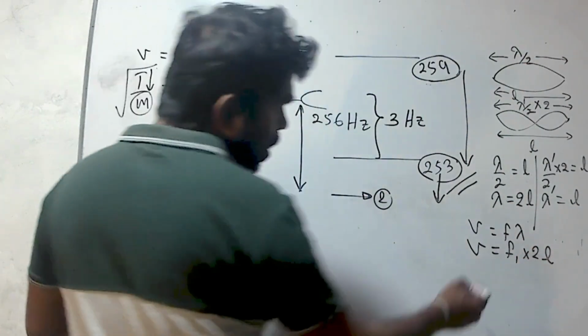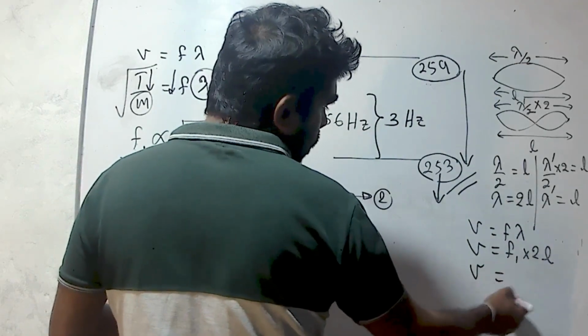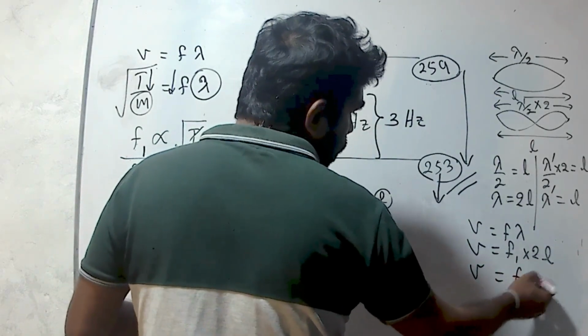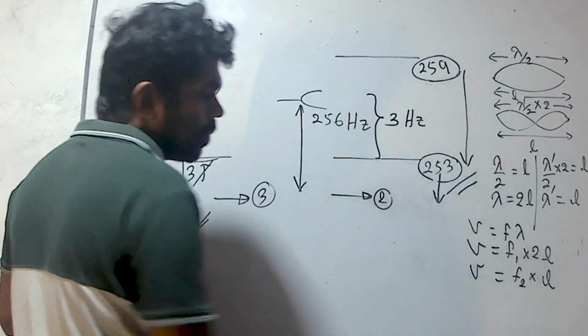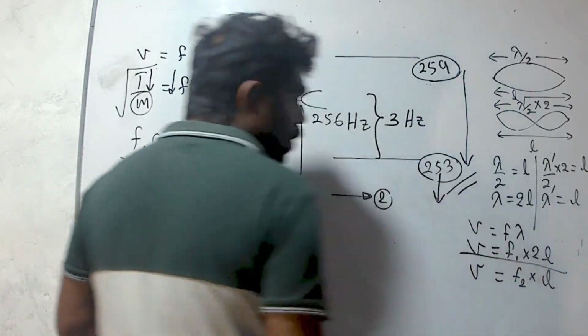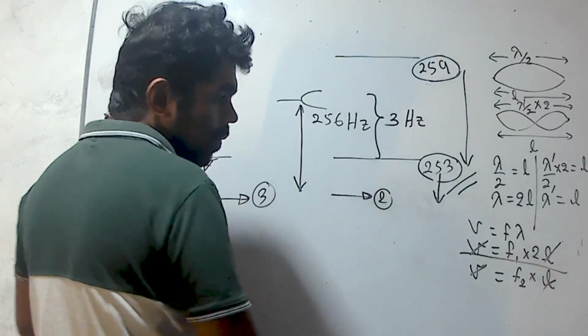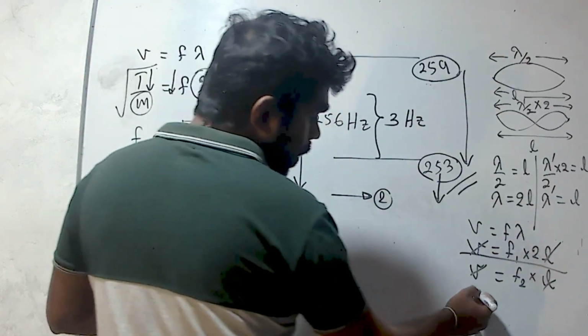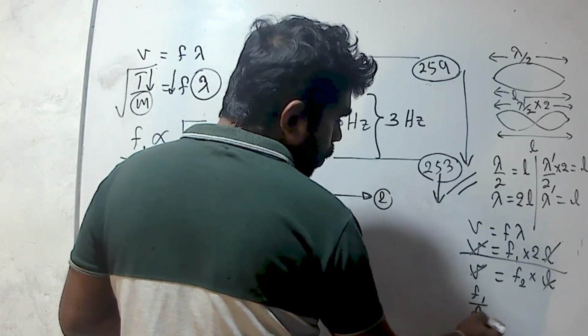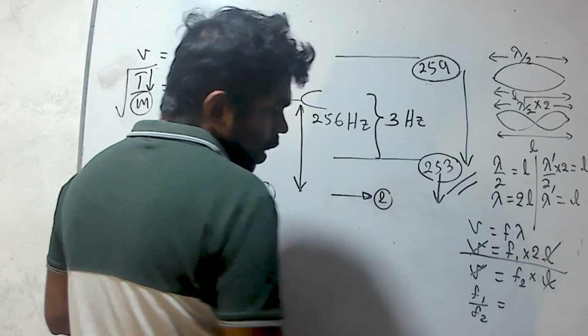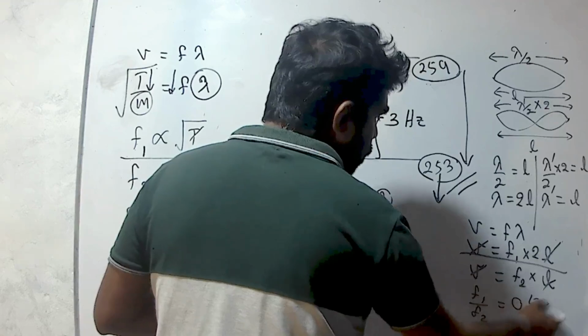For the second situation, V is the same, frequency F2, now wavelength L. We can divide the two equations and we have to find F1 over F2. Then we get F1 over F2 equals half, it means 0.5.